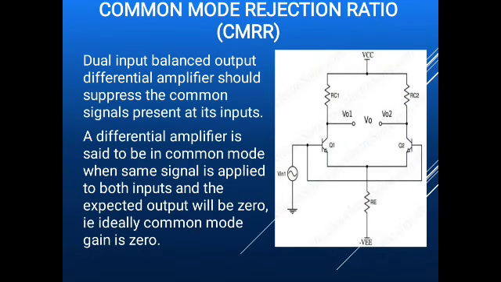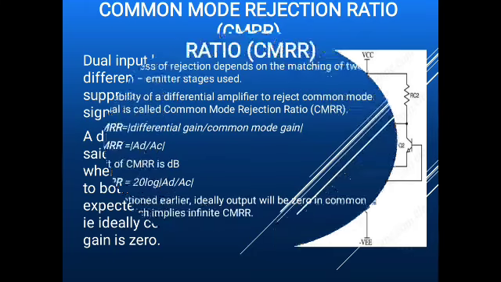Okay, let me start with the common mode rejection ratio. What is common mode rejection ratio? It is the ability of the differential amplifier to reject the common mode signals. A differential amplifier is said to be in common mode when the same signal is applied to both inputs, and the expected output will be 0. That is, ideally common mode gain should be 0.